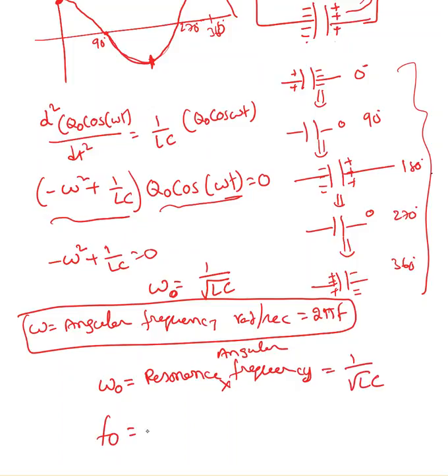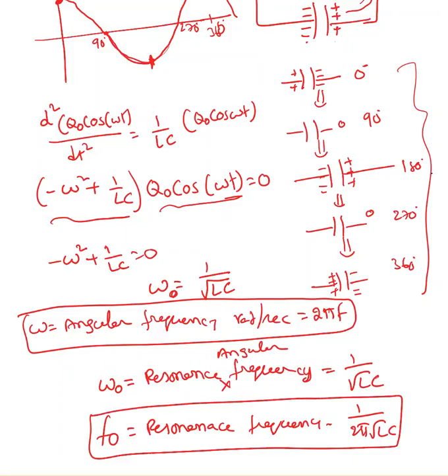F naught is the resonant frequency, which is 1 over 2 pi square root of LC. This one is in hertz, and the other is in radians per second. So this is how the energy is transferred from capacitor to inductor, inductor to the capacitor.